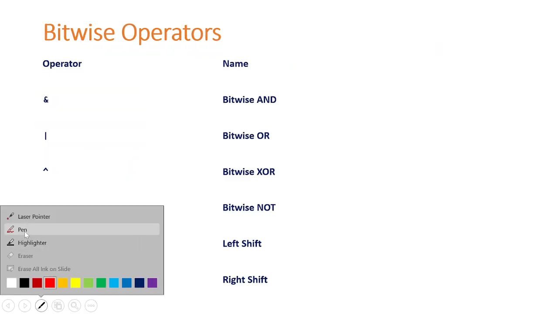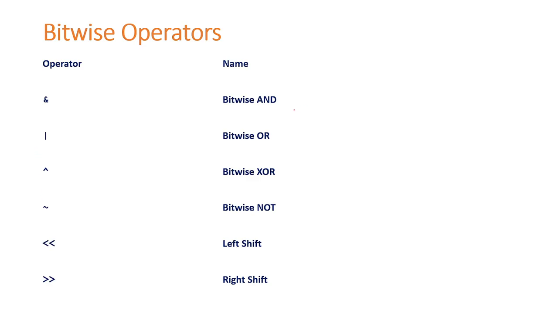Now you people need to know about binary. For example, integer 5 means what in binary, do you people know? Integer 5 means 0 1 0 1. How is it 5? In binary value it is 5.